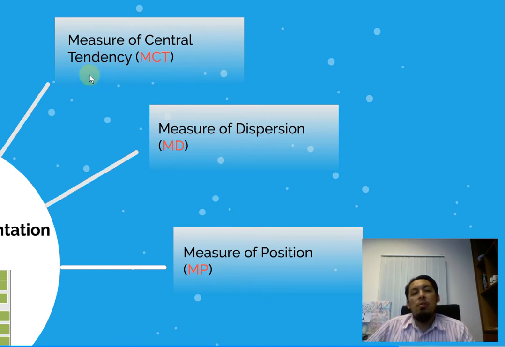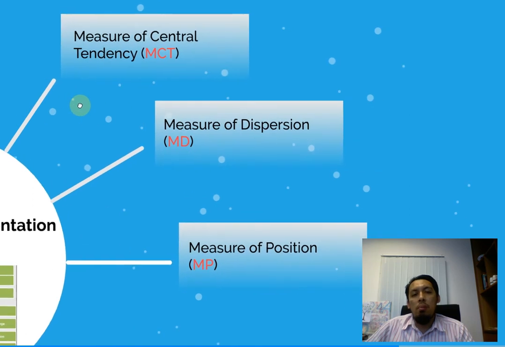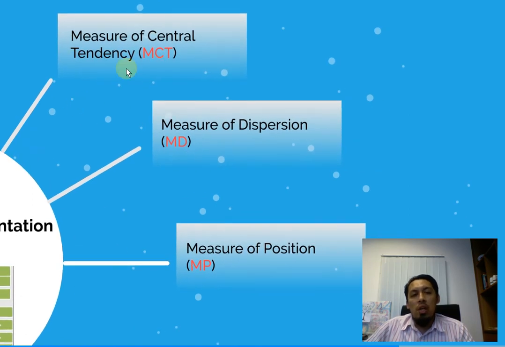For example, if you calculate the mean, median, and mode, you are talking about the center of the data. You are not talking about anything else. By finding the mean, median, or mode, you are highlighting the center of the data.